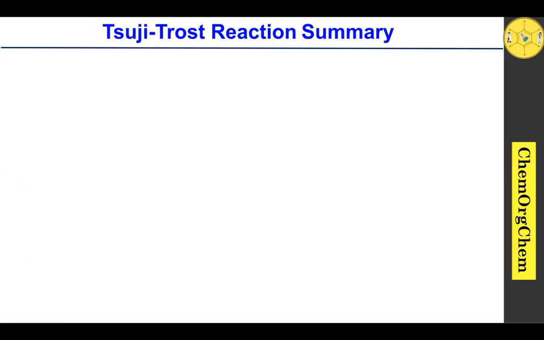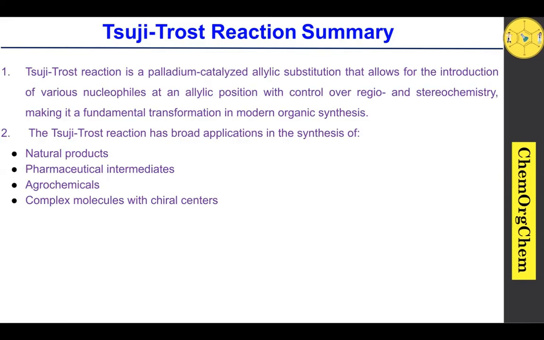Especially we saw the asymmetric TSUJI-TROST reaction, as well as how vinyl cyclopropane and vinyl epoxide are involved in the TSUJI-TROST reaction. The TSUJI-TROST reaction has broad application in the synthesis of various natural products, pharmaceutical intermediates, agrochemicals, and complex molecules with chiral centers. And that's it for the TSUJI-TROST reaction.